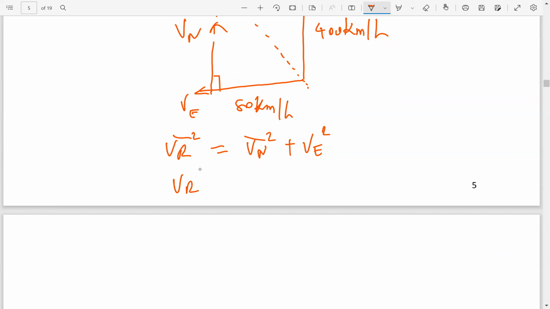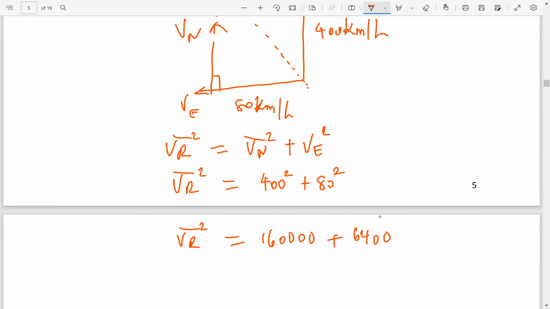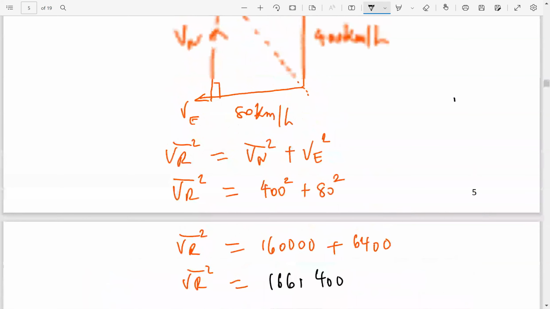So Vr square is going to be 400 kilometers squared plus 80 kilometers squared. You take 400 square, which is 160,000, plus 80 square, which is 6,400. You get Vr square equals 166,400.